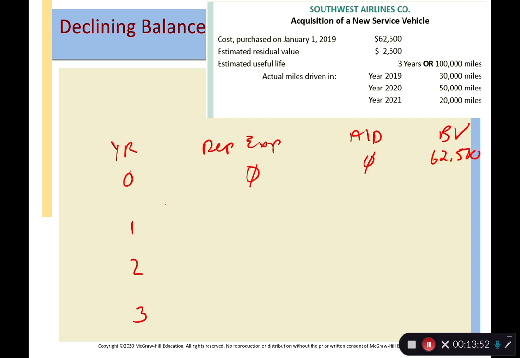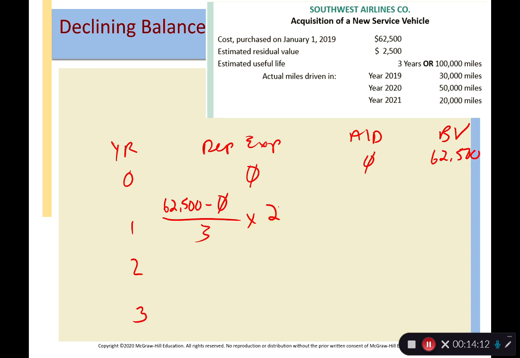To get our depreciation expense using my double declining formula, I'm going to take $62,500 minus the accumulated, which at year 1 is always 0 because you haven't depreciated anything yet, divided by the estimated useful life in years, which is 3. I don't know why I wrote 4. And then we double it.